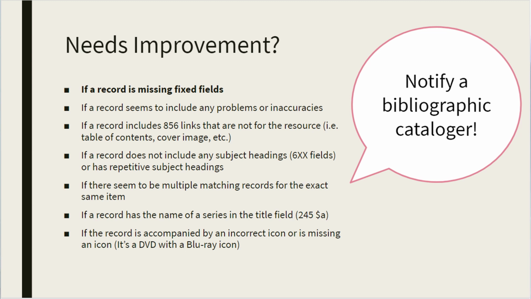So with all of those, send them to a bibliographic cataloger. That person will fix that series statement, put it where it belongs, and now things will actually function much more smoothly. So that's sort of the short list of the things where you see this, say something, send it on, it needs to be fixed. I see a hand.